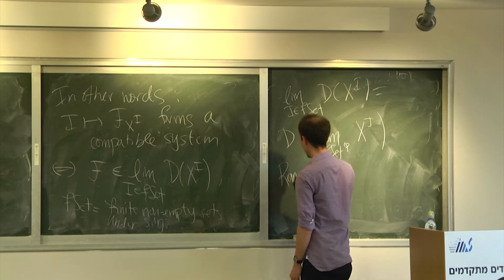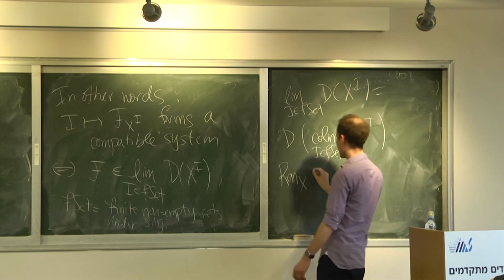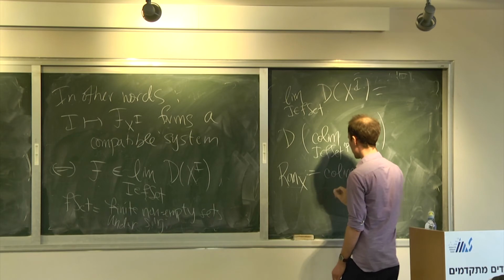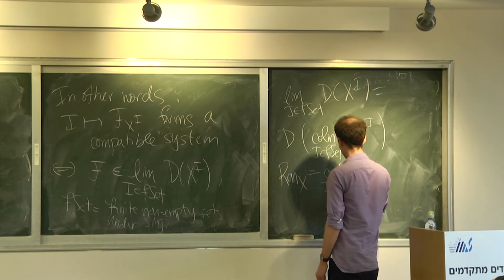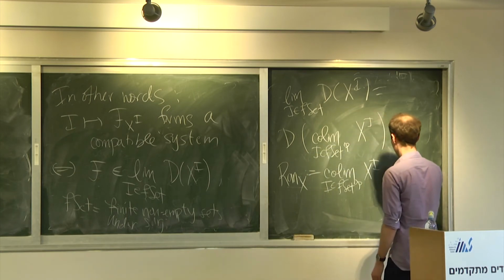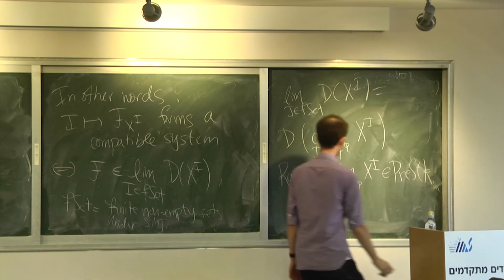And this thing goes by a name. Not surprisingly at this point, it's called Ran space. Just to reemphasize, it's defined to be the colimit under I in FSet of x to the I, the colimit having been formed in the category of pre-stacks.